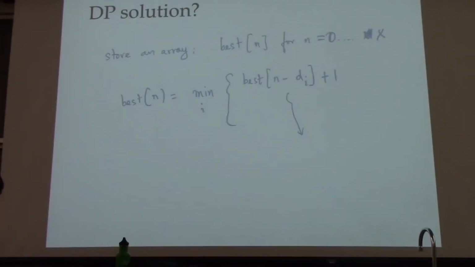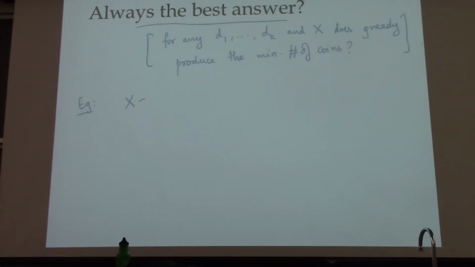Okay, so let me write it down. And what she's doing is the right thing. So you've got to give a counterexample, right? So x is 36, and what are the denominations? One is 30, and second is 18. And the third is 11.